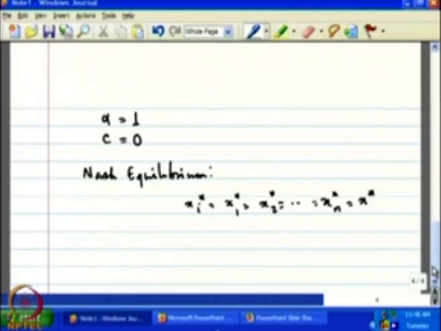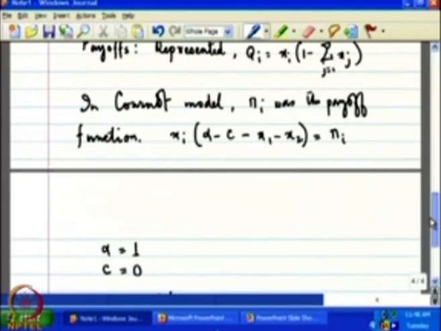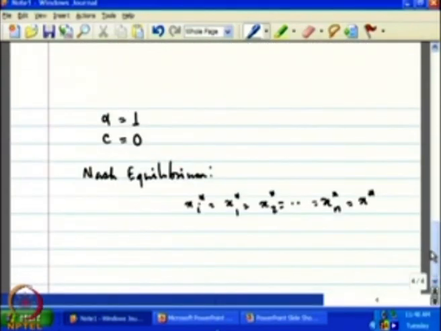Now, that we can find out by again looking at the first order conditions, because like before, as in the Cournot model, the way to find out Nash equilibrium is that we find the best response function of each firm, and from the best response functions we can find the Nash equilibrium by solving them simultaneously.